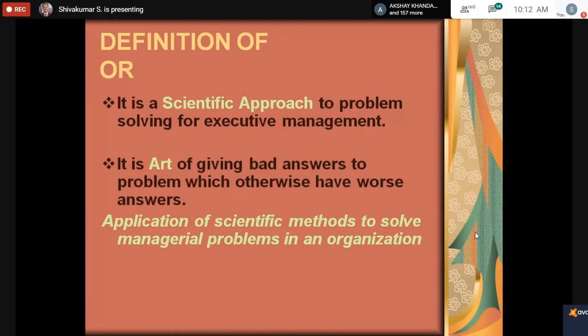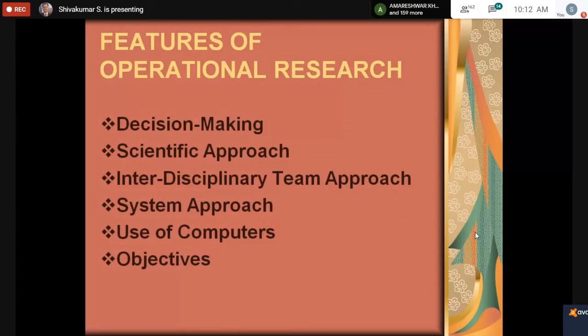So this is about the definition of OR. Now, features of OR. It's a decision-making tool. Second, it is a scientific approach. Third, it is an interdisciplinary team approach. And it has a system approach.